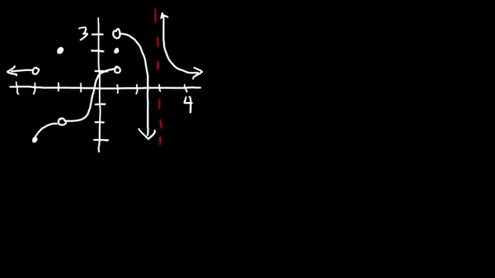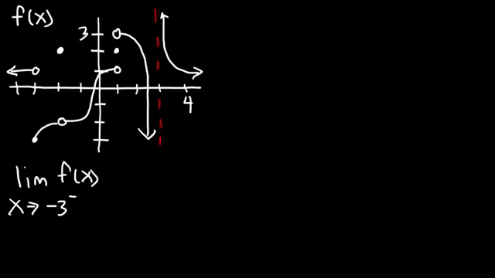Now let's talk about how to evaluate limits graphically. So let's say if we want to calculate the limit as x approaches negative 3 from the left side. And let's say this graph represents the function f of x. So what can we do? To evaluate the limit, you're looking for the y value.